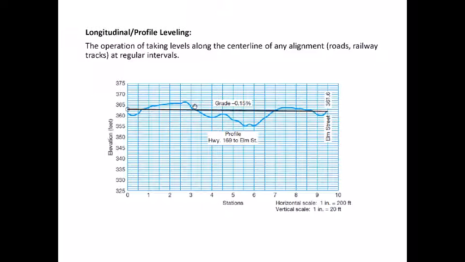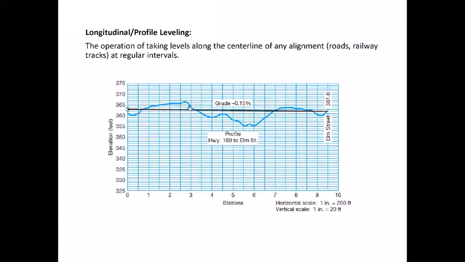And correspondingly the ground topography. So this is how the ground is changing. On the y-axis we have elevation or the reduced level, and on the x-axis we have stations. Stations mean that after a constant distance, you keep on finding levels in a straight line, and then you draw the whole profile.